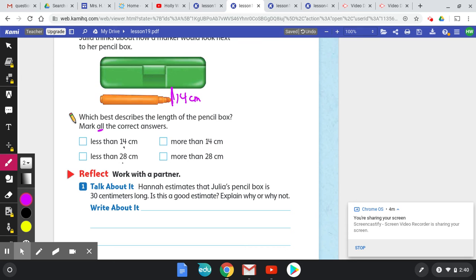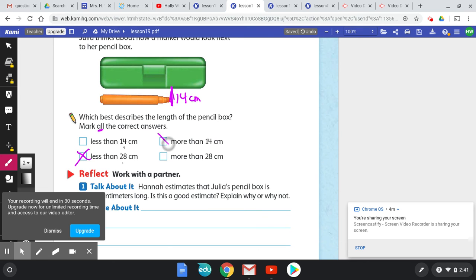So is the pencil box less than 2 of those markers? Yes. Good guess. Is the pencil box more than 14 centimeters? That's 14 centimeters, guys, so yes. And is it more than 28? That would be 2 of those markers. That's not a whole marker long, so no.